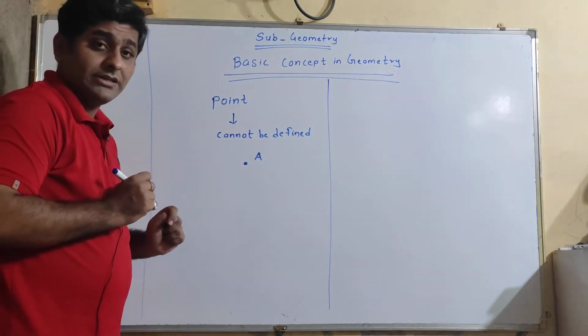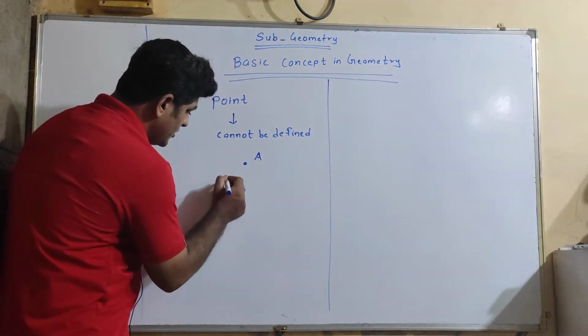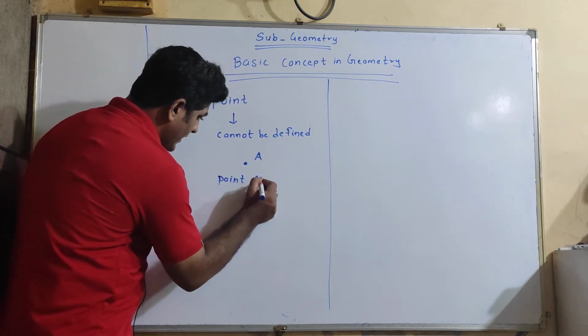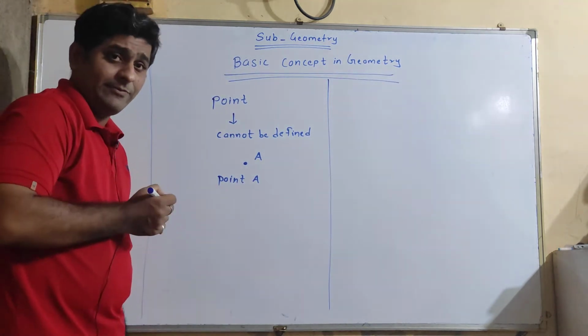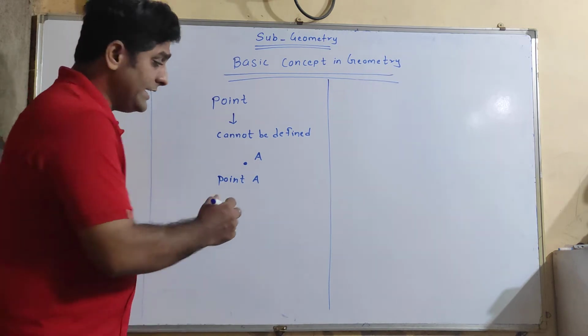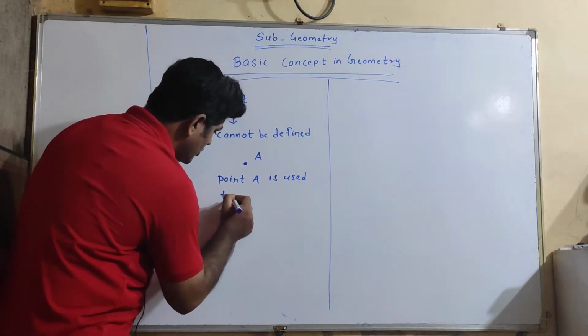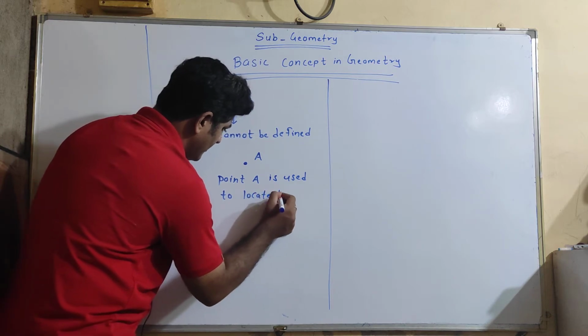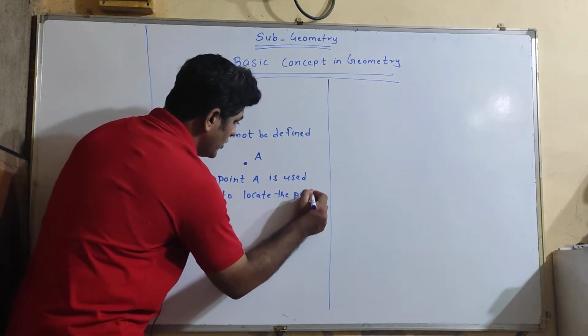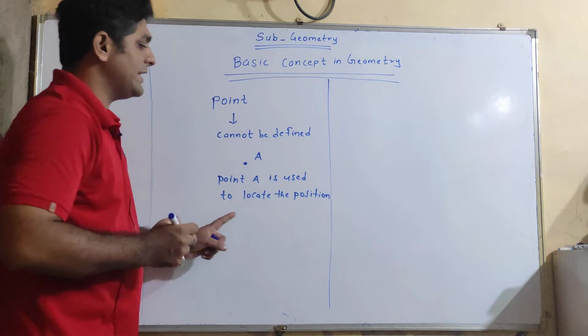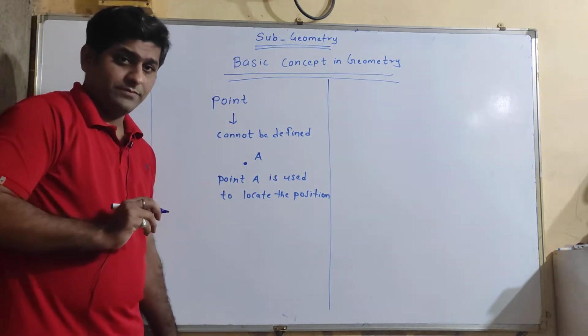This is point A. Here we write it this way, point A, and this point A is used to locate the position. So the basic work of a point is to locate the position.